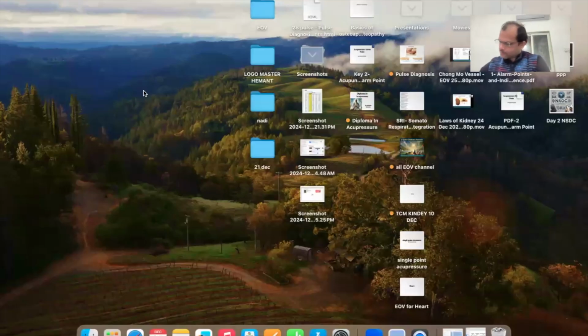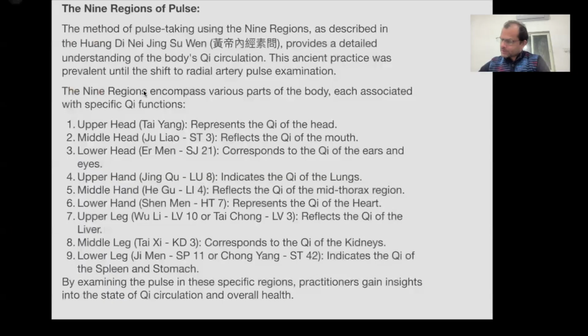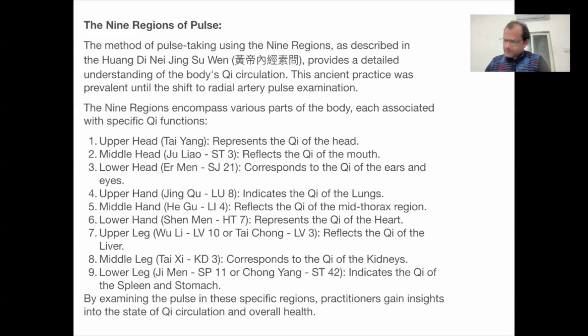So that is the upper hand pulse. Now the middle hand. So we will be checking the pulse at the LI4 area, LI4, middle hand.